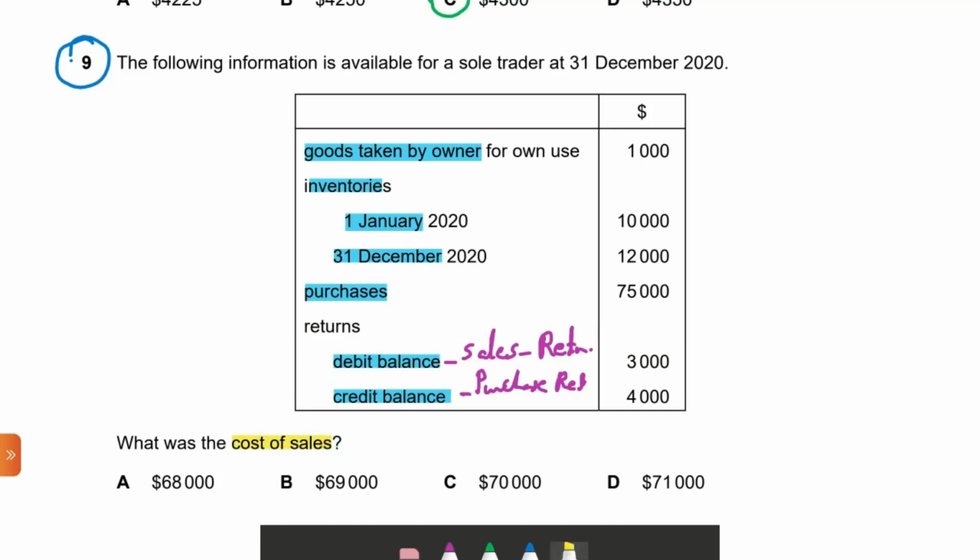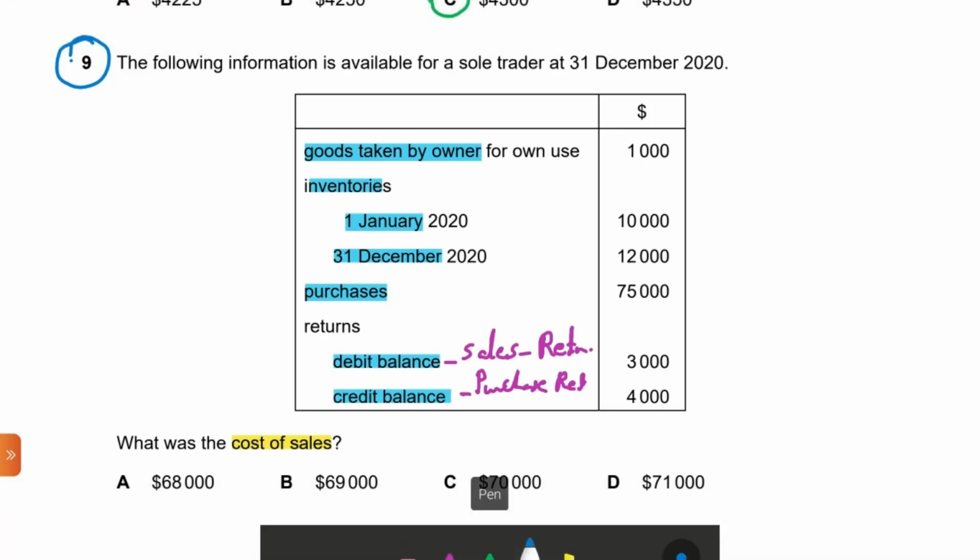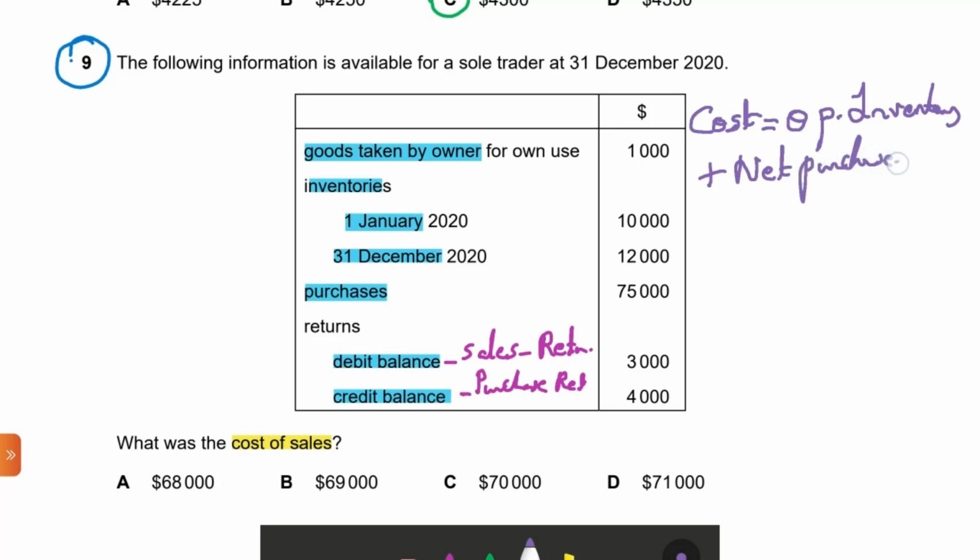The question is, we have to find the cost of sales. What is the equation to calculate cost of sales? Cost of sales is equal to opening inventory plus net purchase minus closing inventory.